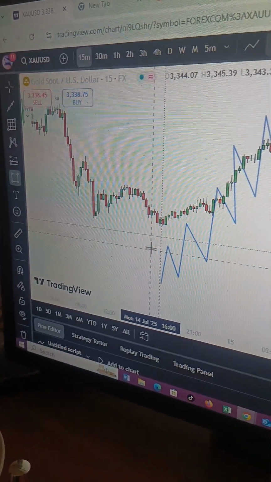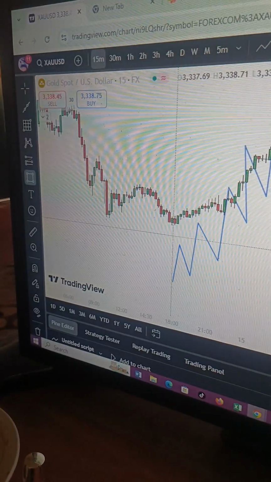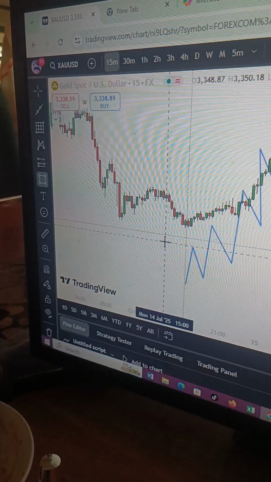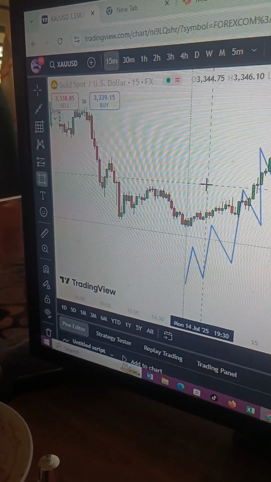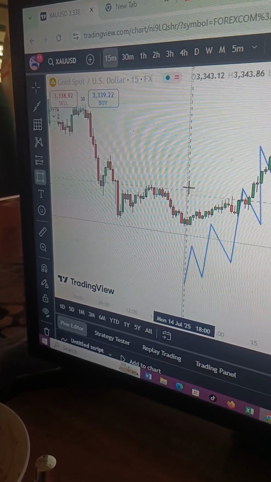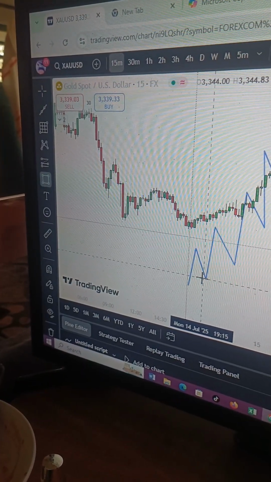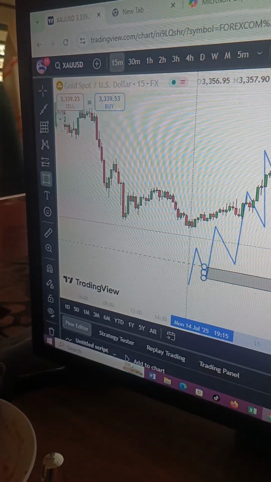There is a break of structure here. We are first going to talk about SMC, and then support and resistance.